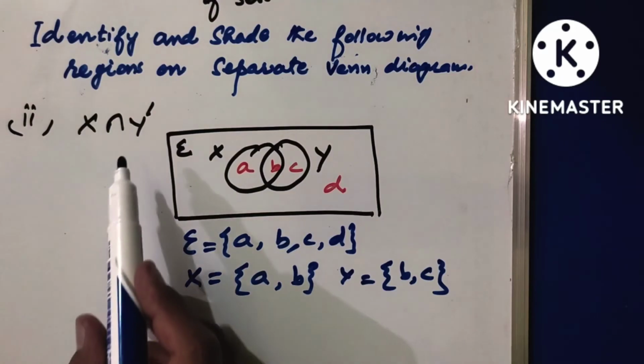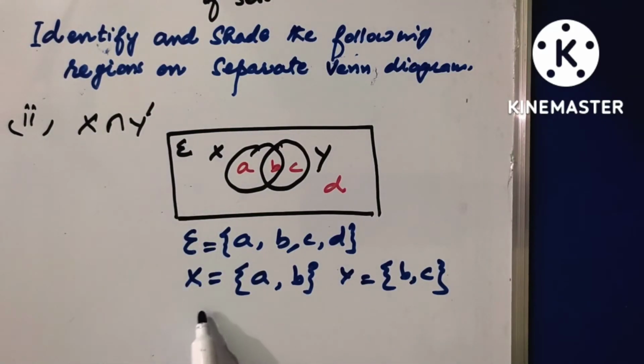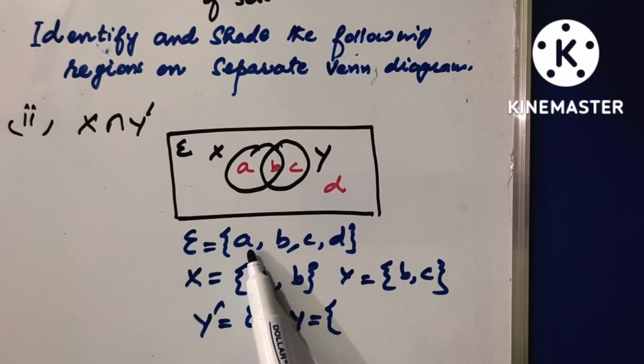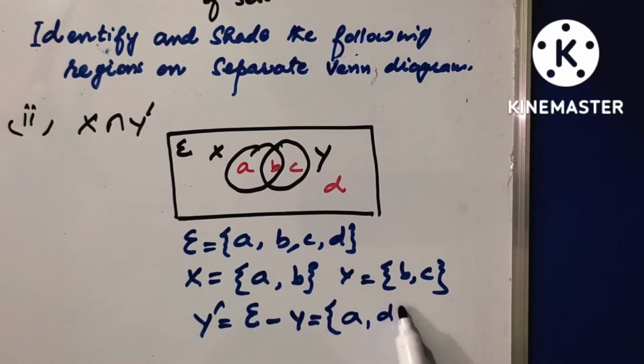Now first of all find Y complement, that is universal set minus Y. We have to delete the elements of Y from the universal set, and the remaining elements of the universal set will be written here as Y complement.